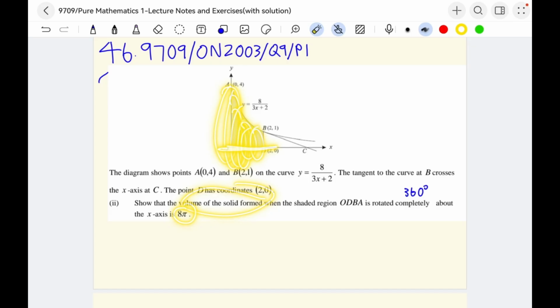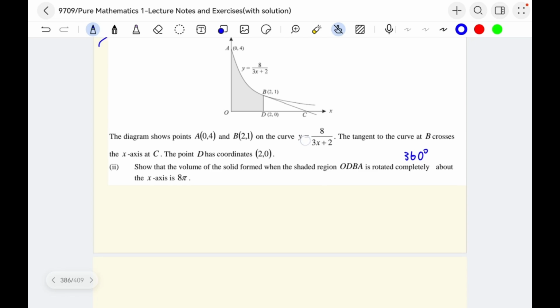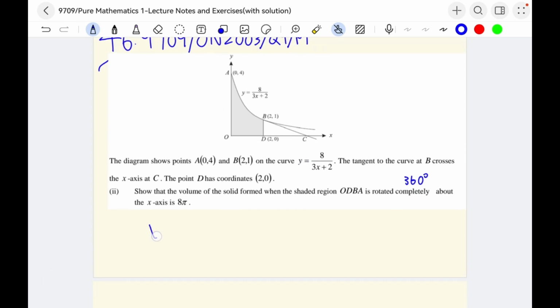For this, you are required to use the formula of the volume with the integral term. So here's the thing. V equals the integration, because the axis is the x-axis, so the limits must depend on the x values involved. The limits of x involved are from 0 to 2, obviously, and there's pi times y squared.